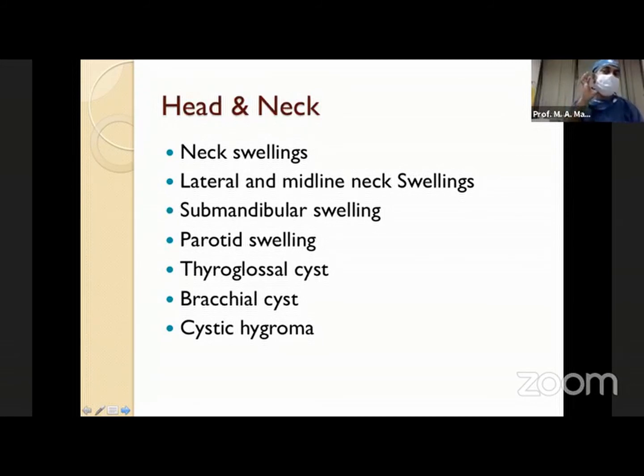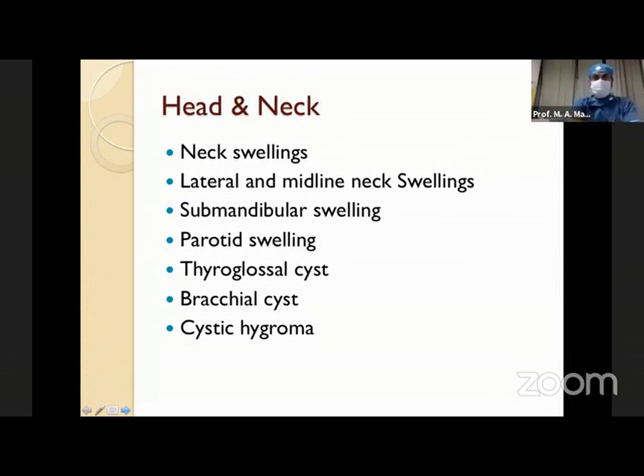A pulsatile swelling around this level is a carotid body tumor, or any other swelling here is a schwannoma. Other lateral swellings are the parotid swelling, the submandibular gland in the submandibular region, or a thyroid swelling at the lateral lobe. So these are all lateral neck swellings.